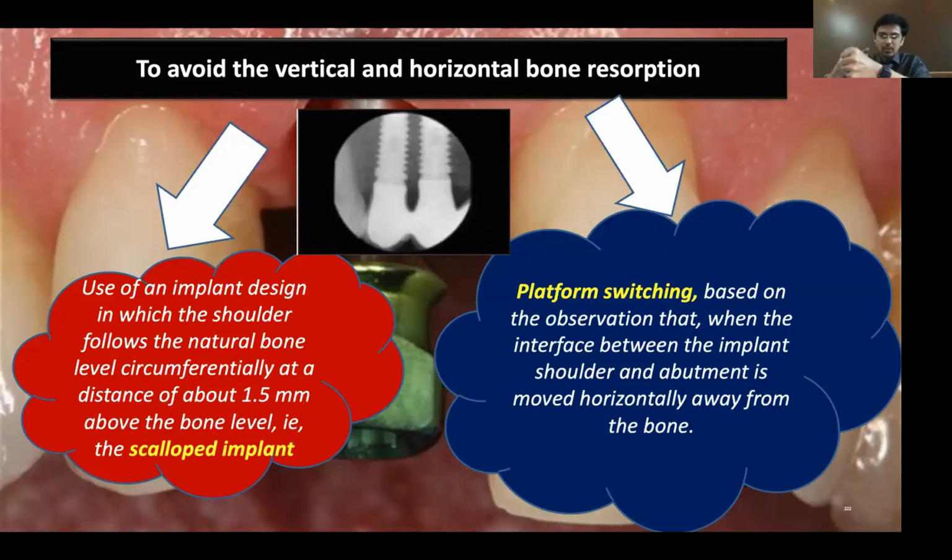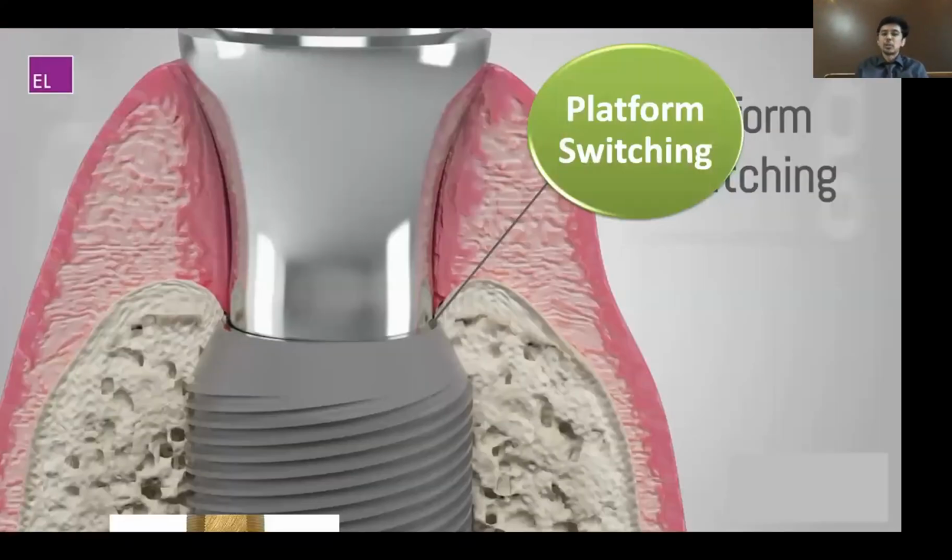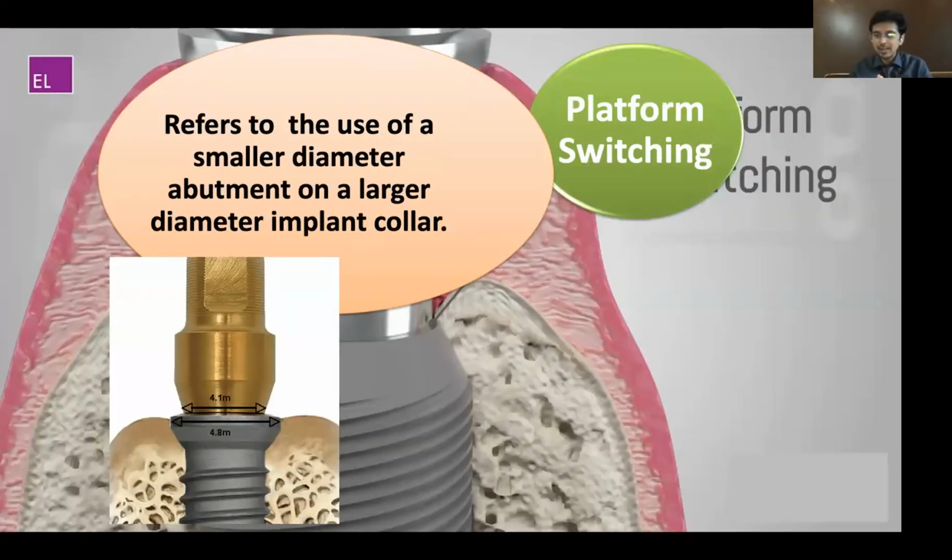In that, because of biologic width, non-biomodified implants will invariably have 1.5 millimeter and 1.5 millimeter bone loss. But with scalloped implants, which are not so easily available, it won't be there, and with platform switching, it won't be there. So platform switching basically means the diameter of the abutment over the implant is lesser than the diameter of the implant. This is known as platform switching, using a narrower diameter abutment.